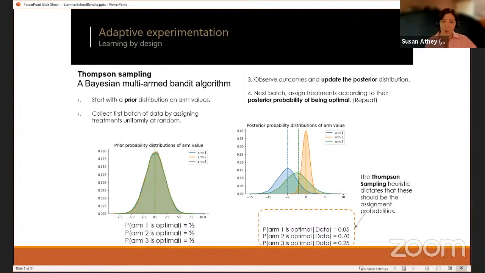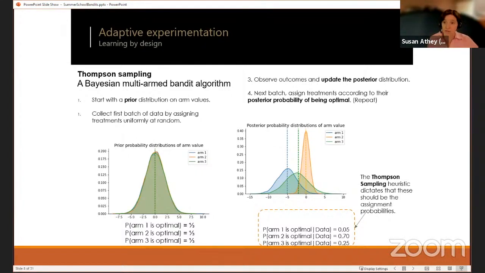Okay. And so why would it do that? Well, if I just want to maximize utility, why don't I just give everybody the best arm? But of course, if I gave everybody the best arm today, then the people who come tomorrow would still get that arm and we would never learn. So this heuristic is going to balance the exploration-exploitation trade-off.